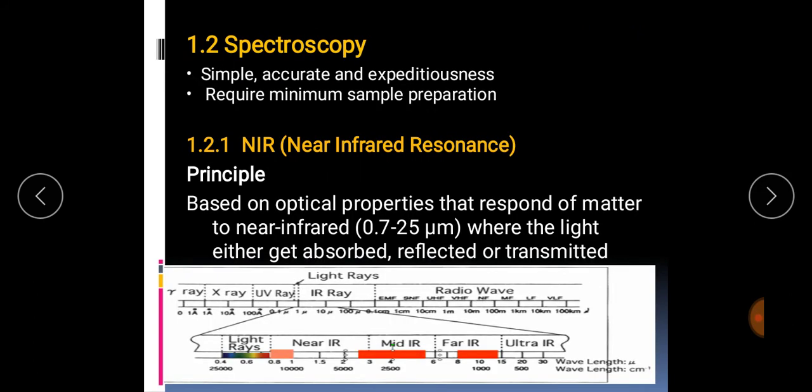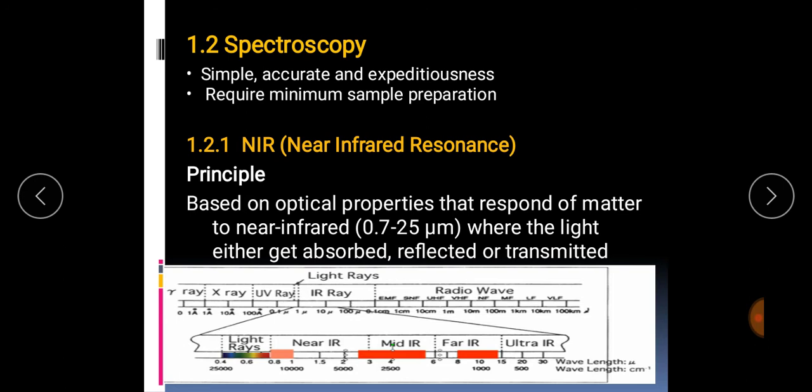Then spectroscopy: simple, accurate, and expeditious, requiring minimum sample preparation. See, spectroscopy is also one technology that can be used, in this case NIR, near infrared. What is the principle? It is based on optical properties, the response of matter to near infrared, where the light either gets absorbed, reflected, or transmitted. That we have discussed.